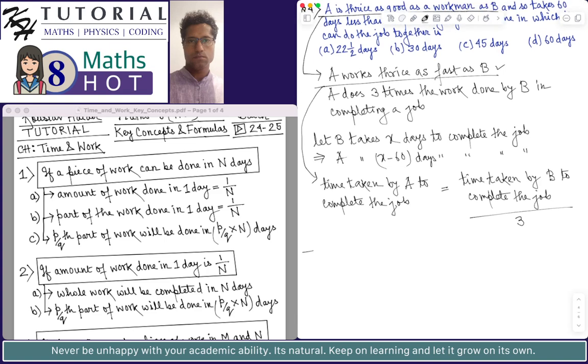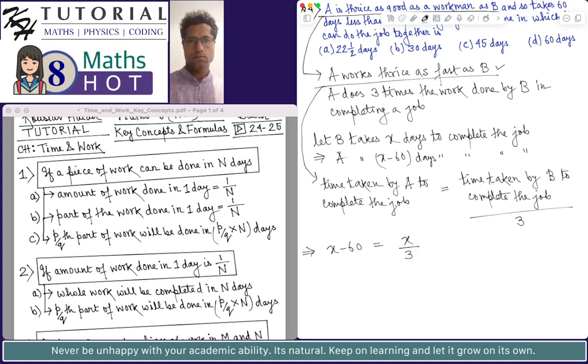Now, we know that time taken by A to complete the job is X minus 60, so X minus 60 should be equal to X by 3, the time taken by B divided by 3. So we get a linear equation in X, and once we solve for X, we can find the time taken by A and B together.